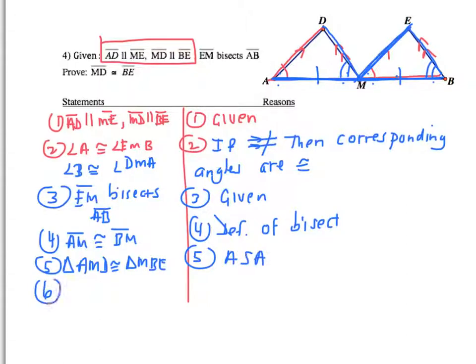And then we get to make our final conclusion that MD, check it out, last two letters of this triangle, congruent to BE, last two letters of that triangle. And again, they are corresponding parts of congruent triangles, so they're congruent.